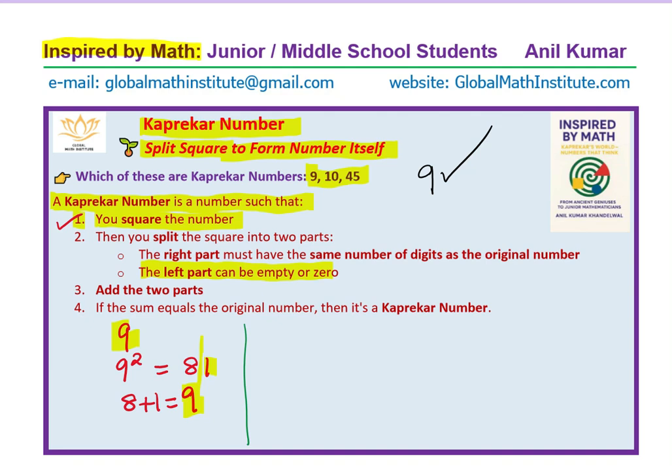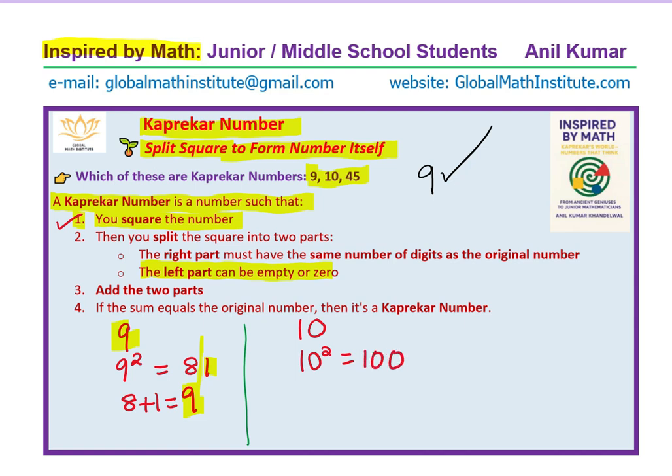So let's check out 10. Okay, great. So 10. Can you tell me, is 10 a Kaprekar number or not? Step number 1. We are going to square it, right? So 10 squared, which is 100.